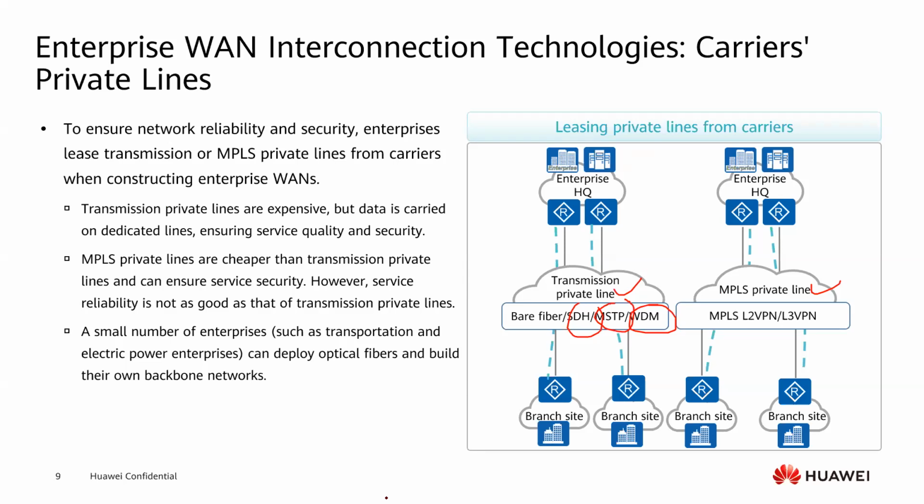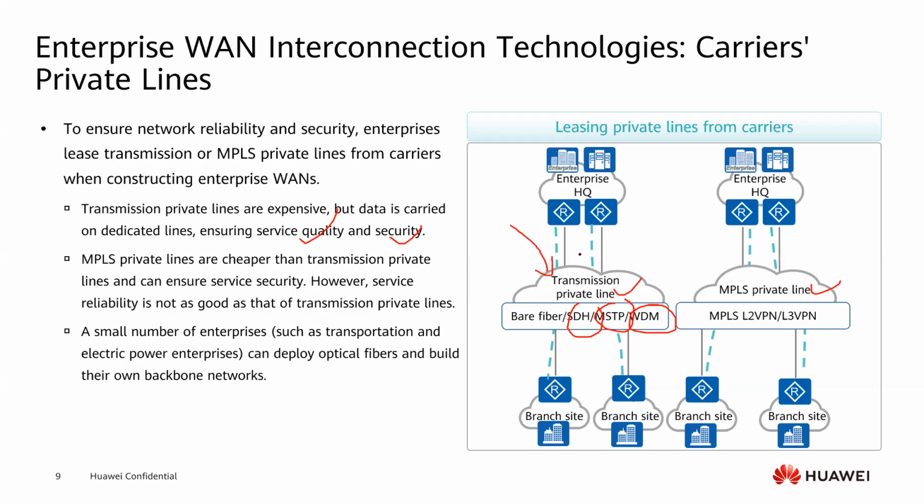Those kinds of devices create a layer 1 or layer 2 connection between your headquarters and branch. For this carrier private line, most of the time it is for companies that need security and also high service quality. They try to use this.